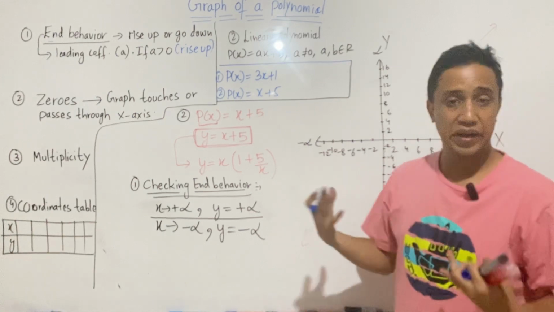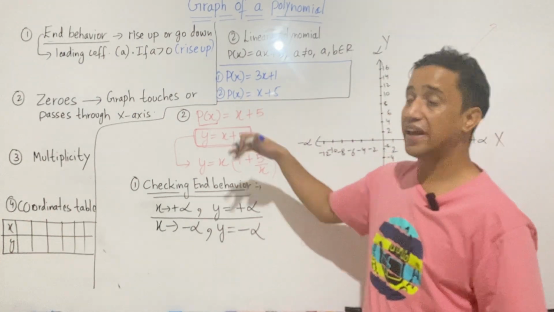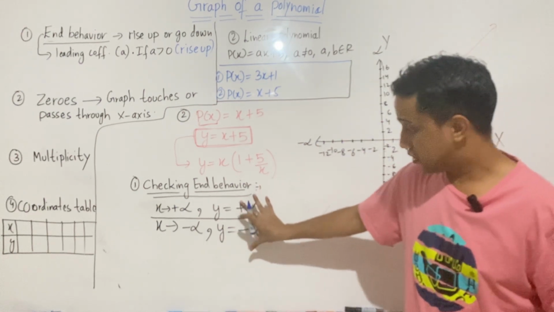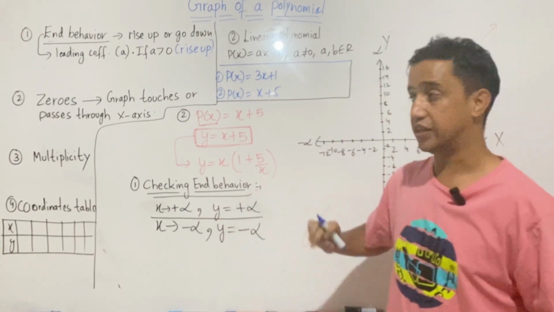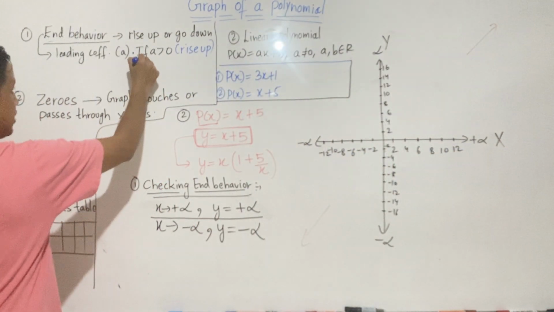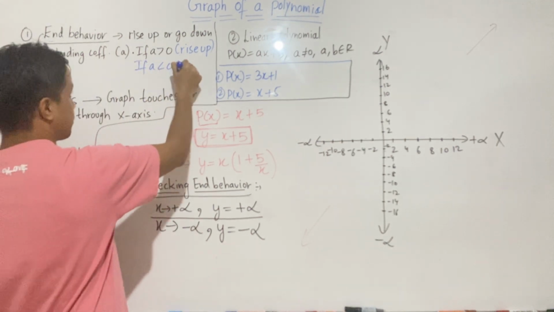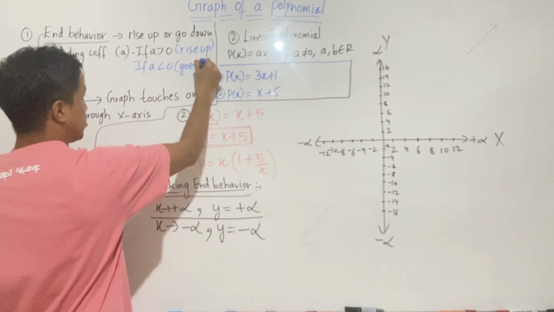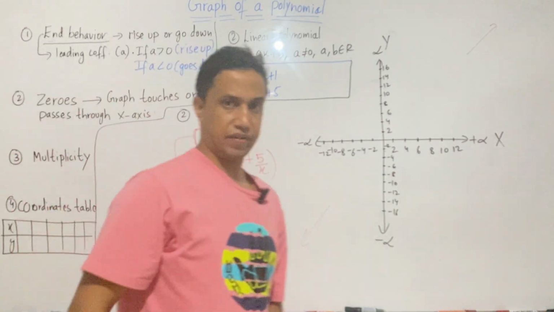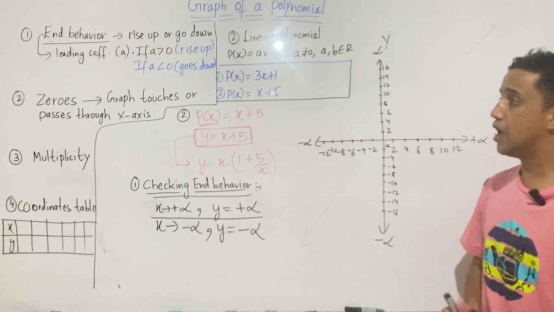We are more interested in finding out why it happens. You can do it either way. Or it says that if a is negative, then it goes down. We can check it later for different graphs. So that's not a problem.